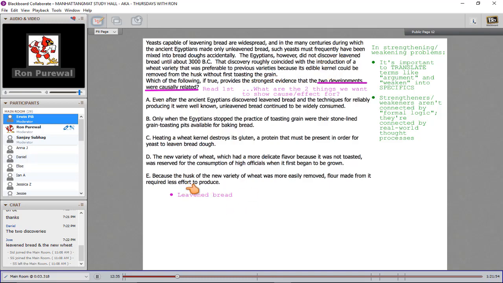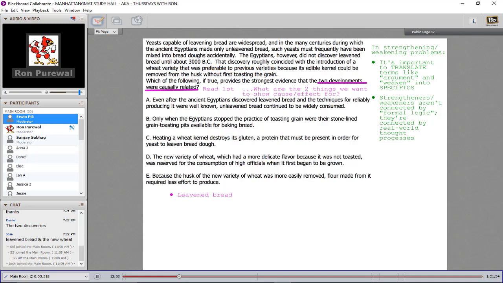So one of the developments is leavened bread, whatever that even means. You don't even have to know. That roughly coincided with a variety of wheat that was preferable to other varieties because you could remove the kernel without toasting the grain.